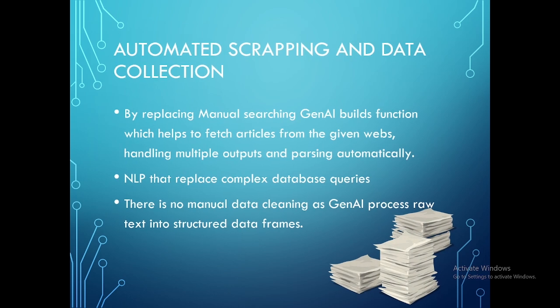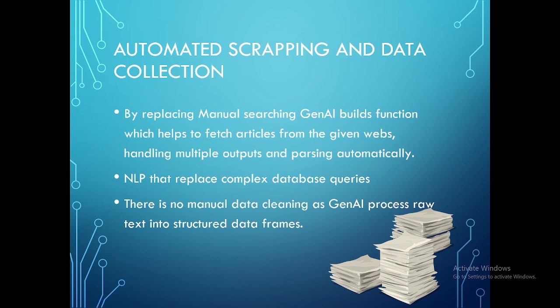Number one benefit, or number one novelty, is that it automates scraping and data collection. Instead of manually searching for articles, GenAI builds a function which helps fetch articles from the web, whichever websites you want to give it. It handles multiple outputs and parsing automatically.